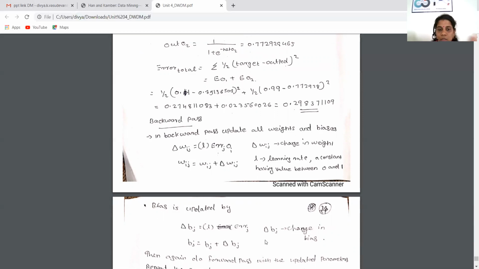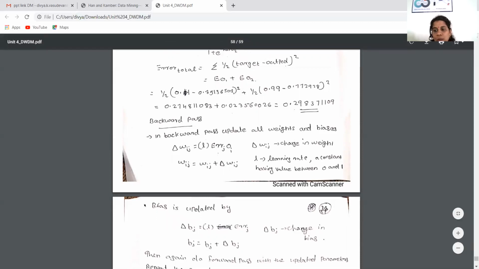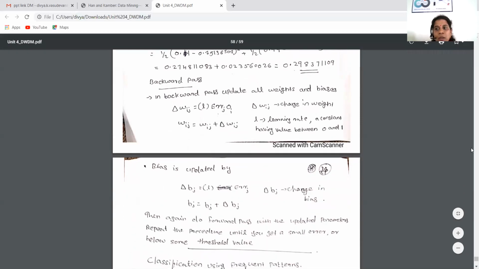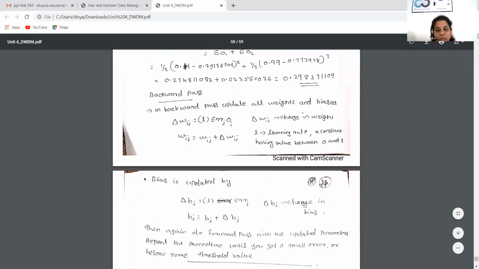So in the backward pass, you are updating each weight as well as the bias. Once that backward pass is over, we need to do the forward pass again.